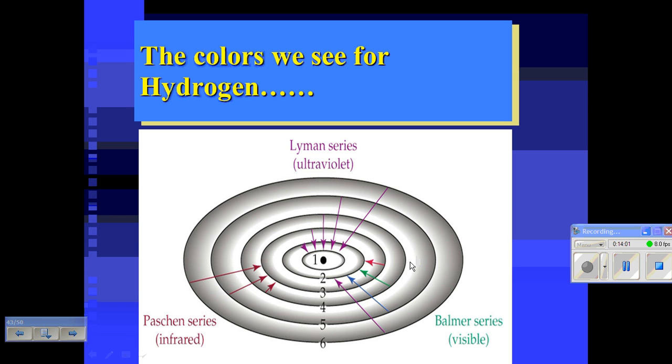So we can look here in the visible series, and we can see the electron could fall from just one energy level to its ground state, or it could fall from 2, 3, or 4. So we were actually seeing a red, green, blue, and a violet color. And that doesn't include the things that we can't see, because these are all light. Just the colors are our visible portion that we can detect.